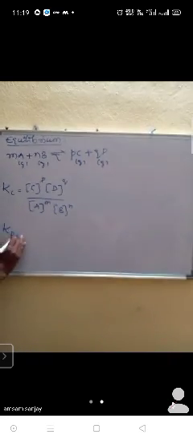Anybody having doubt? No. Now Kp: pressure of C to the power of p, pressure of D to the power of q, divided by pressure of A to the power of m, pressure of B to the power of n. This is in terms of pressure.